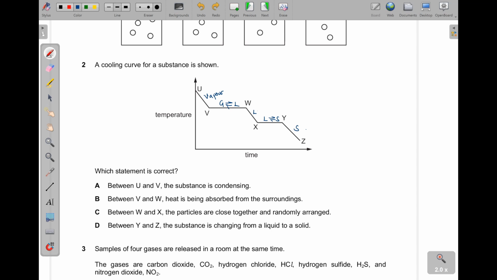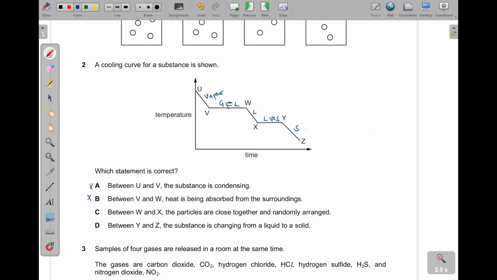So the intermolecular forces of attraction between the particles become significant. Remember, when they are gases, they are just spacious. But when they are in a liquid, bonds are being formed in between, so energy is released to the surroundings. So that one is also off.